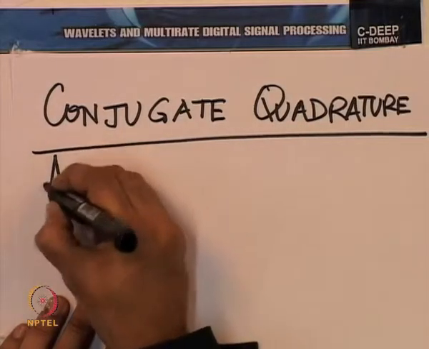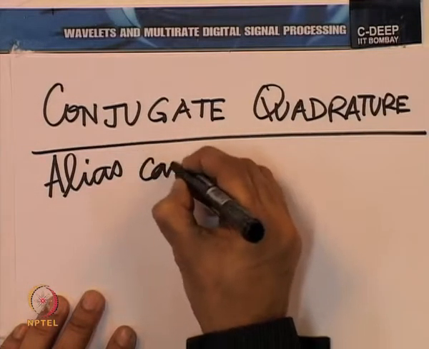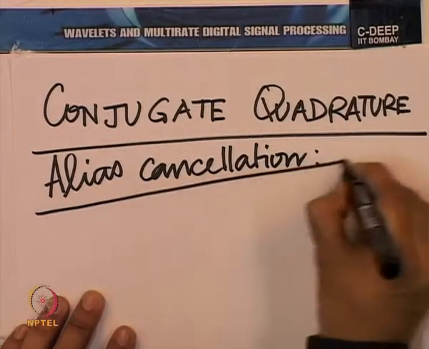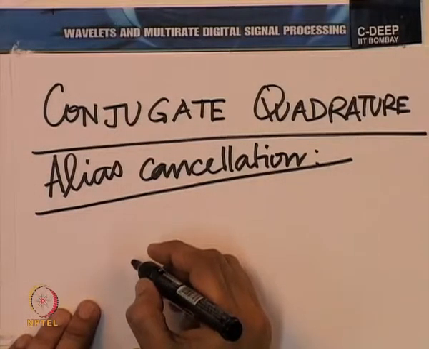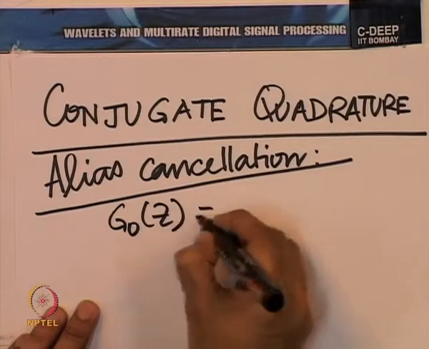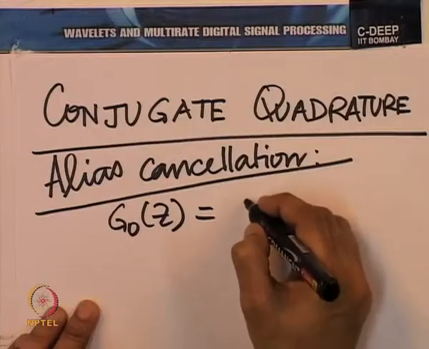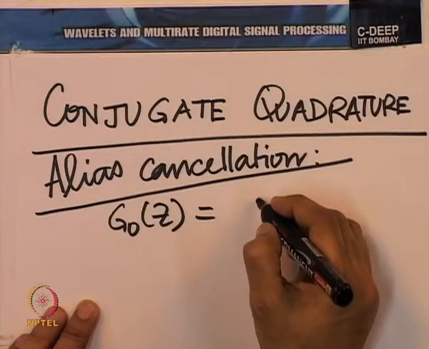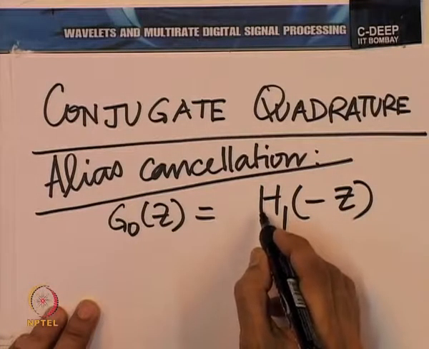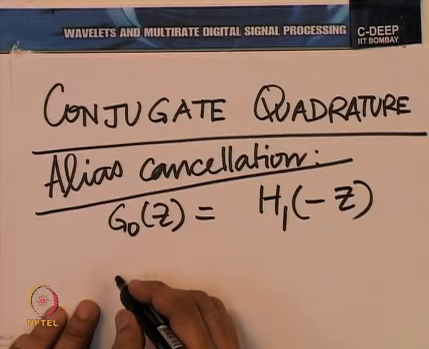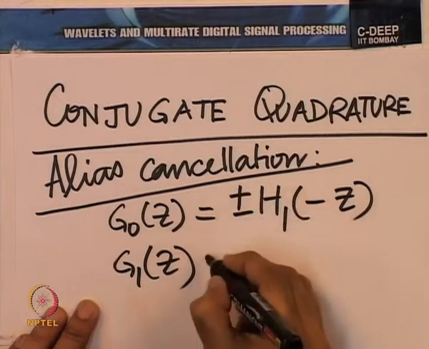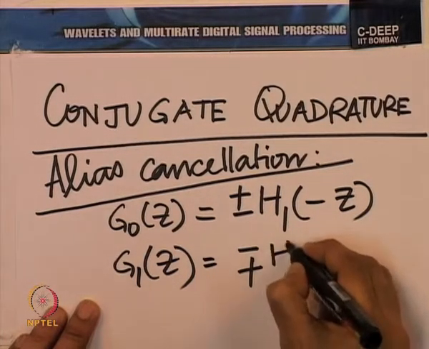We start from the alias cancellation condition. The alias cancellation condition says G0(z) needs to be essentially H1(-z). And we have the freedom to put plus or minus here. Similarly, G1(z) needs to be correspondingly minus or plus H0(-z).